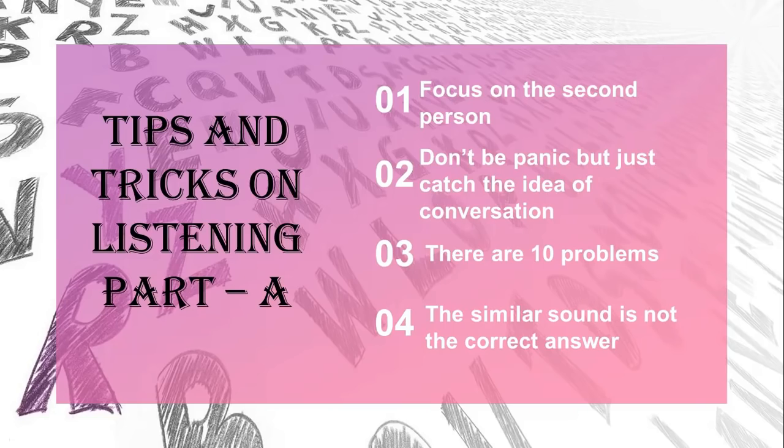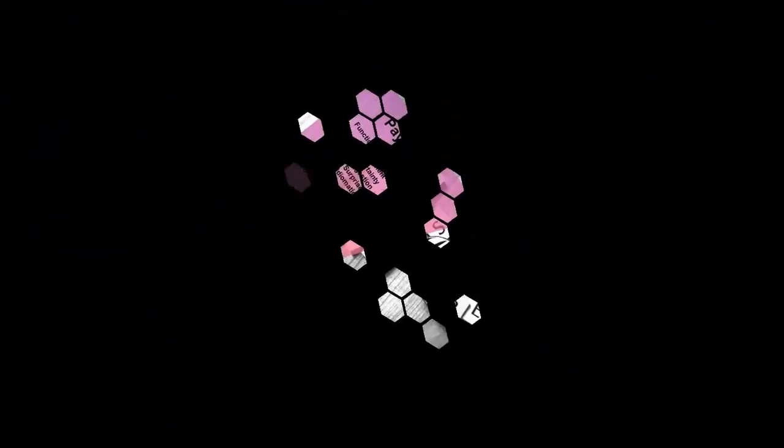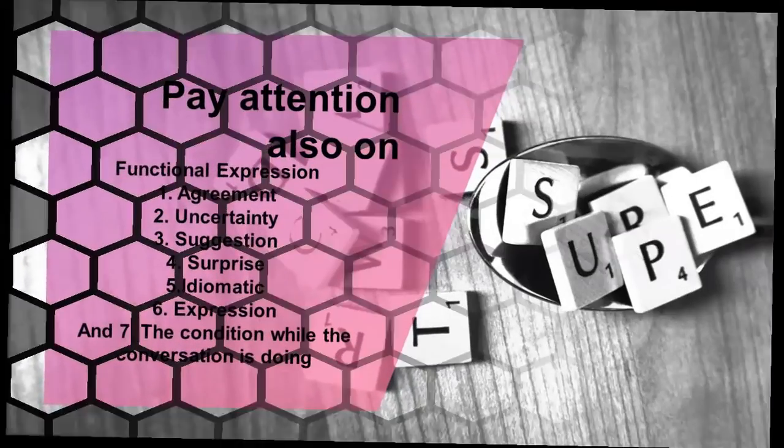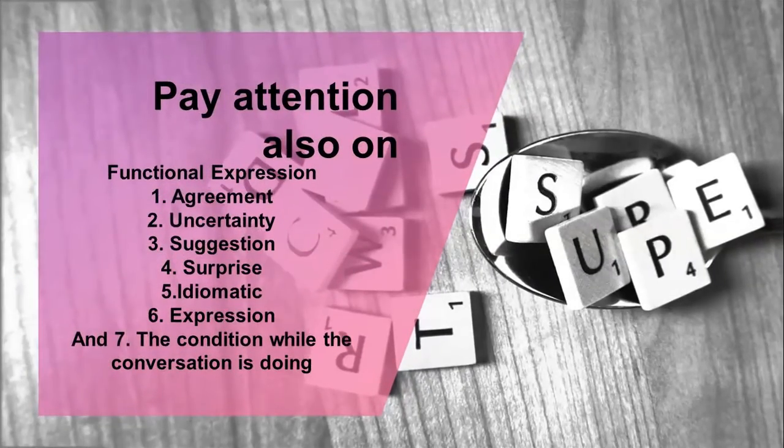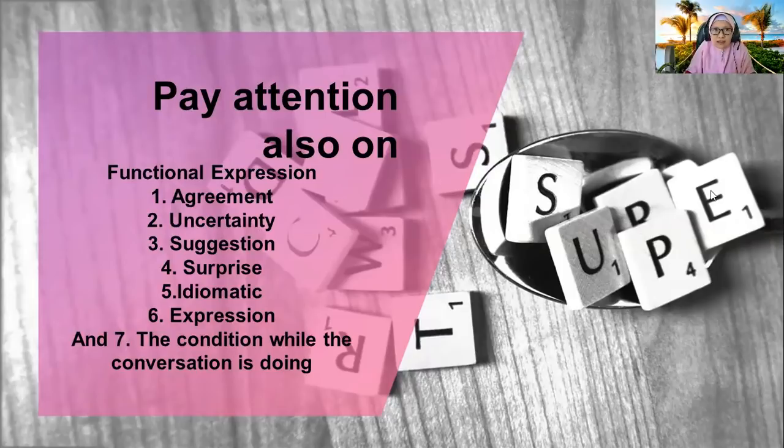After learning about the tricks and the tips, we are going to continue to the next slide. On the listening section Part A, you need to pay attention also to the functional expression.